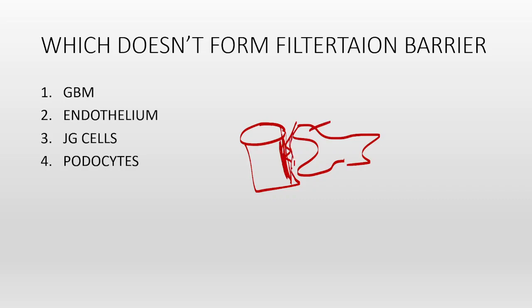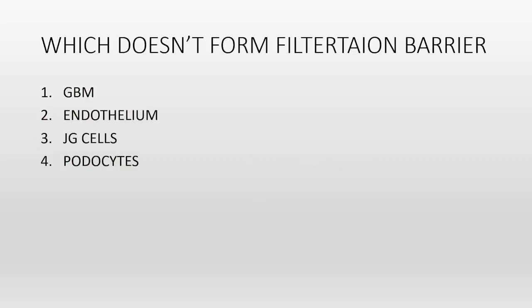Podocytes are epithelial cells. So the glomerular basement membrane, endothelium, and podocytes form the filtration barrier. JG cells and extraglomerular cells don't form it. A very simple UG level physiology question.